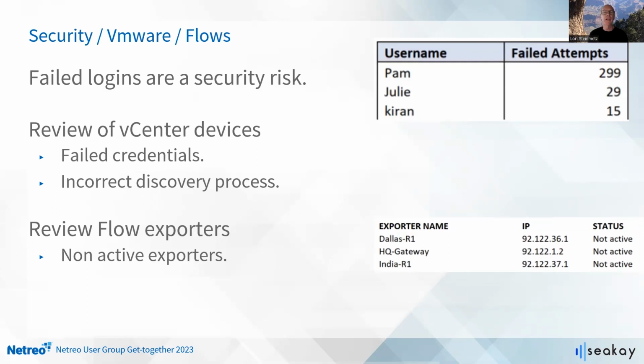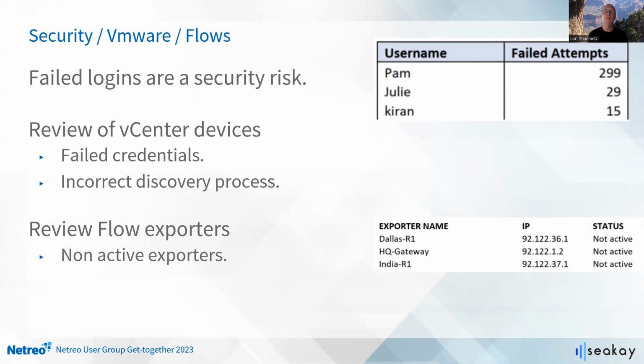Security. So here's a great example of failed logons, which potentially is a security risk. Certainly with PAM in this instance, we're looking at 299 failed attempts. To me, this looks like somebody's attempting to hack into your system. Julie, who has 29 failed attempts in 90 days, by the way, may not be having a good day.